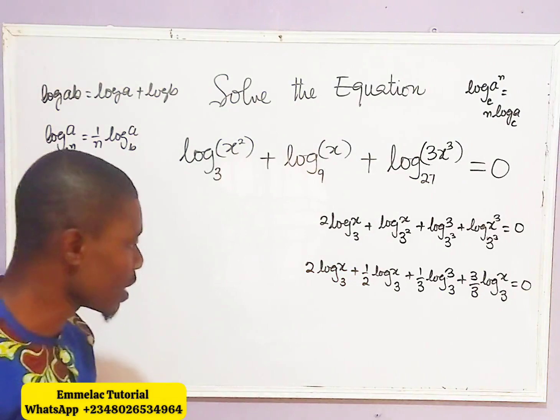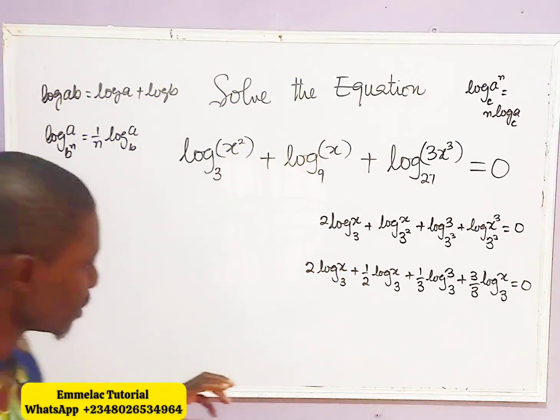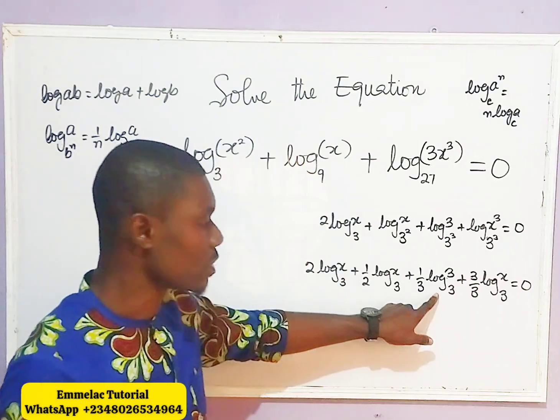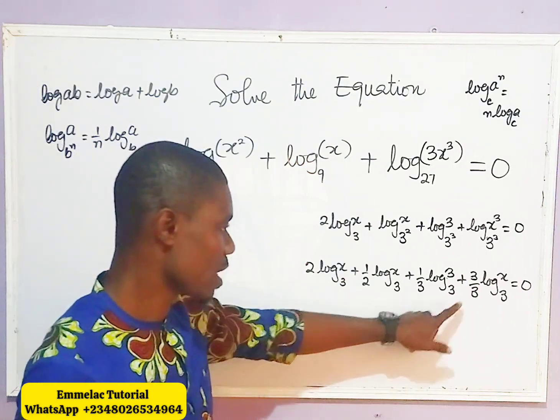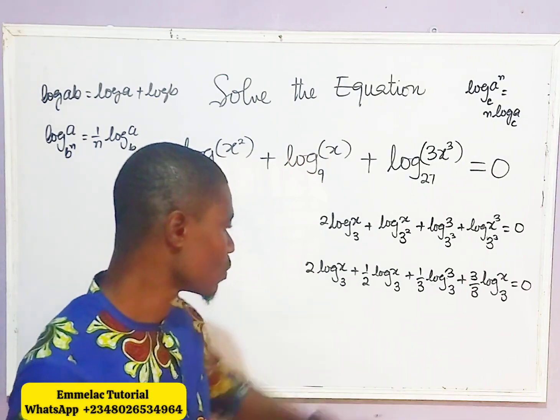equals 0. Now take note here, log 3 base 3 will give us 1, and 3 divided by 3 here will give us 1.